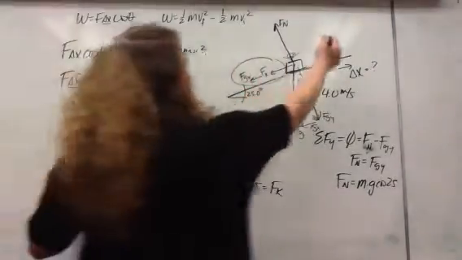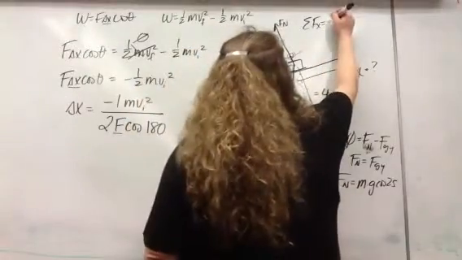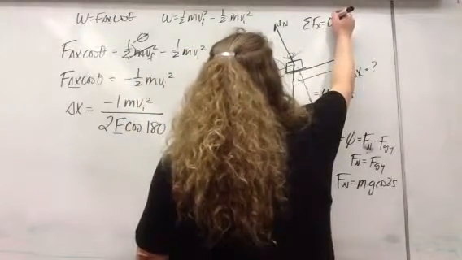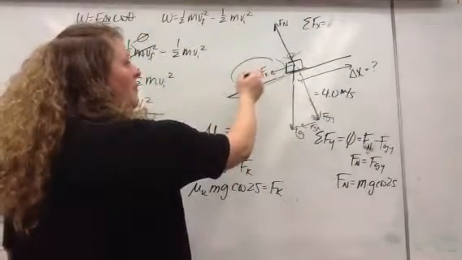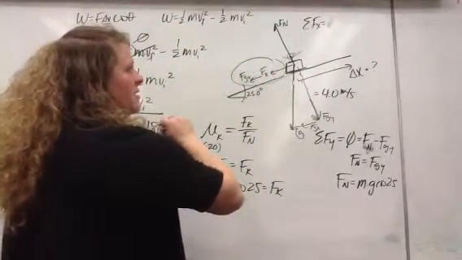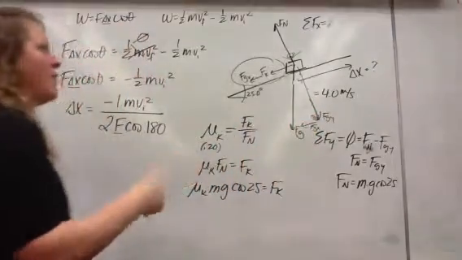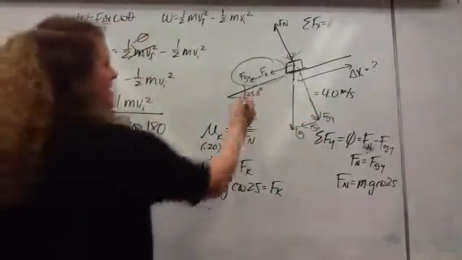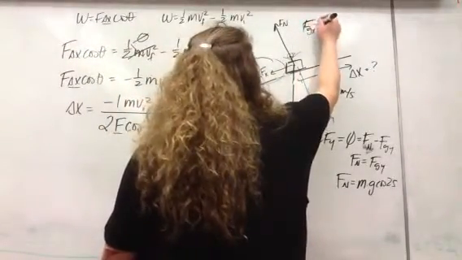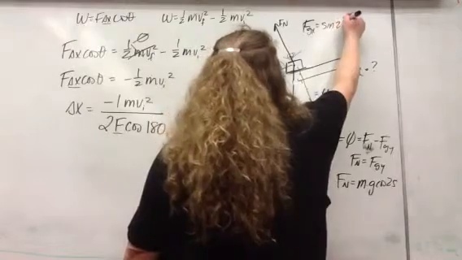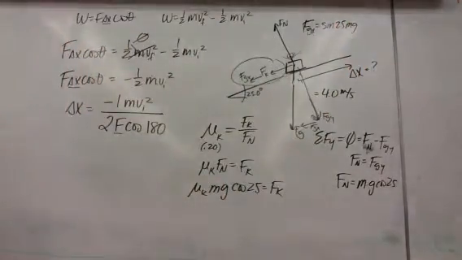So let's do a quick sum of forces on the x. F of gx is going to be mass gravity sine of 25. Let's skip the sum of forces. So, force of gravity x, sine 25, mass gravity. We don't actually have to do sum of forces for that.